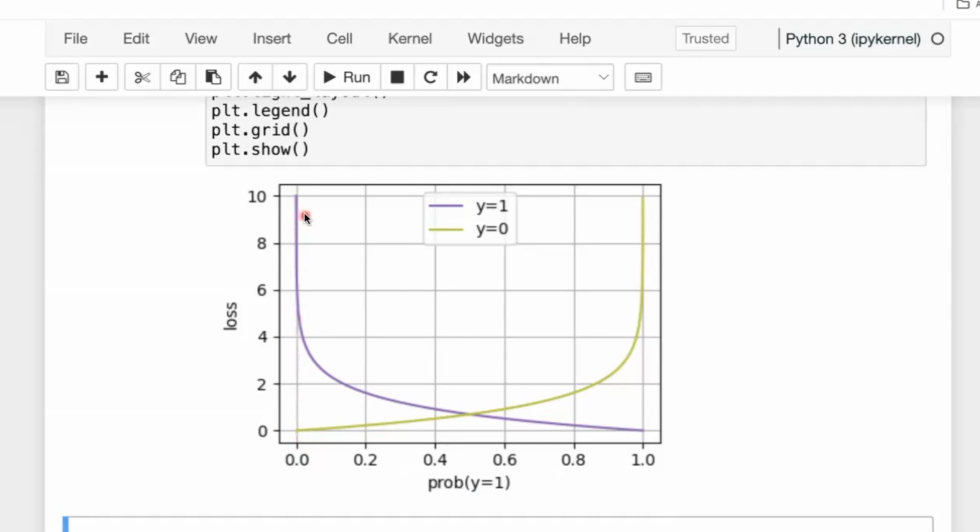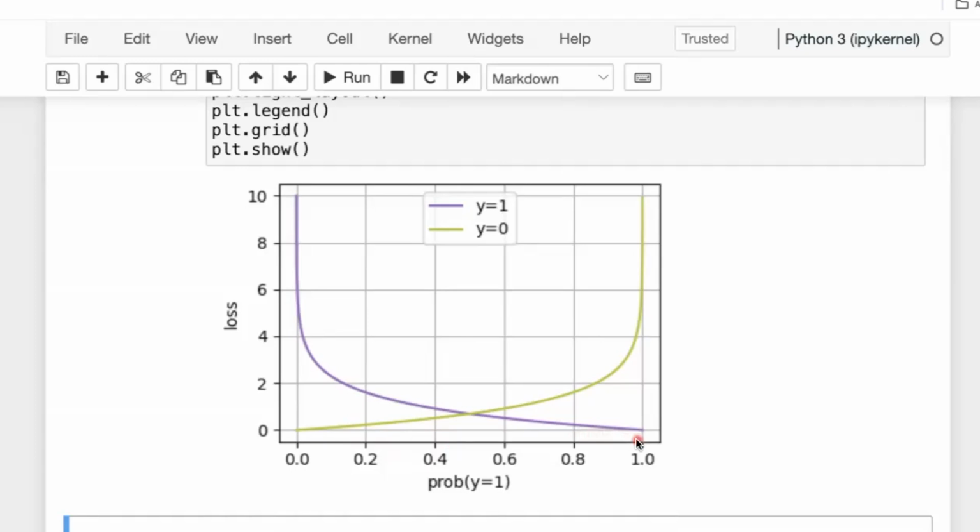So we have to pay a huge cost for that. This goes all the way to infinity. Hopefully we don't get exactly 0, but we definitely want to stay away from this area if the data point belongs to class 1.